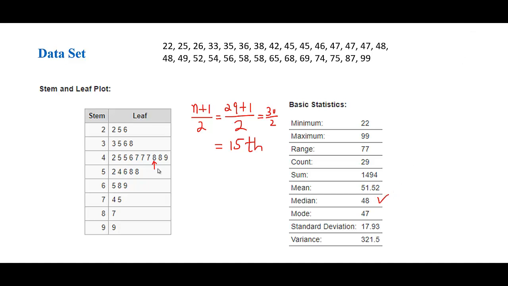Once we have found the median, this will help us to find the lower quartile and the upper quartile. Now divide the data at this median, 50% in the lower portion and 50% in the upper portion. So see how many values are below this 48. 1, 2, 3, 4, 5, 6, 7, 8, 9, 10, 11, 12, 13, 14.